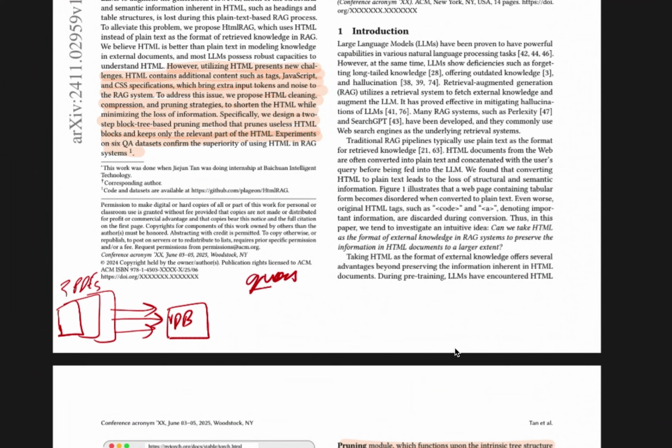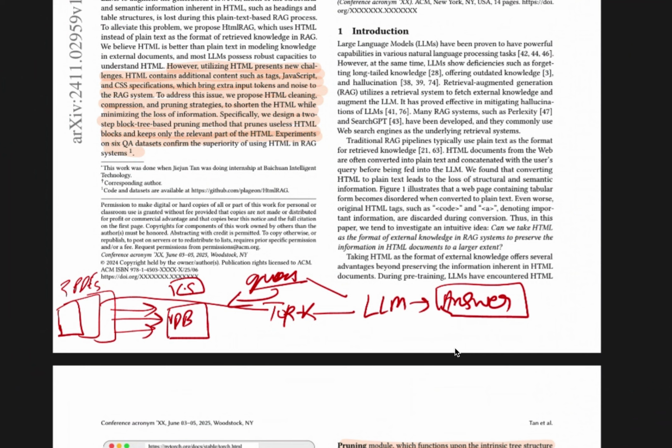Whenever a query comes, cosine similarity will be used to match the most relevant top k results from here, and the query and top k results will be passed to an LLM, and you will get your answer. So you give the reference context and you give the query, and the model is going to produce some output from it. Okay, cool.